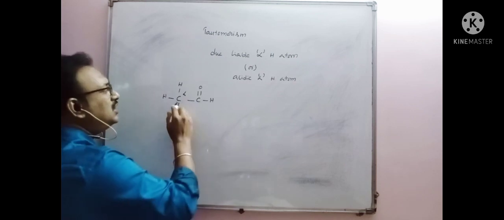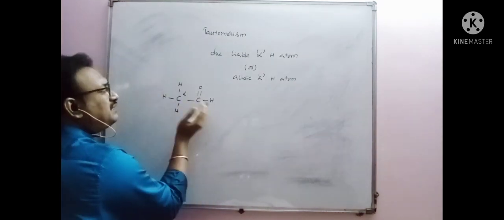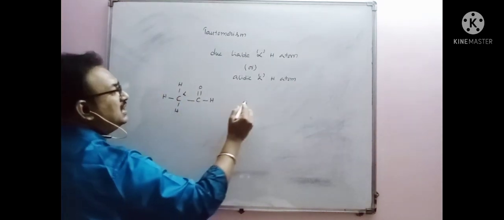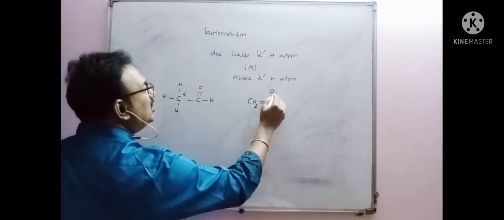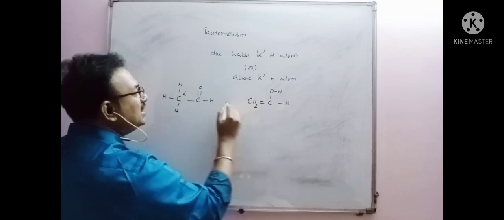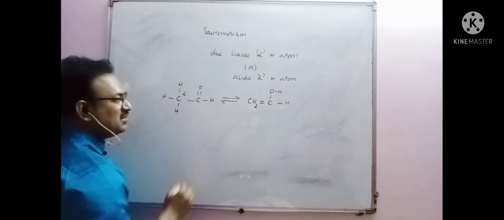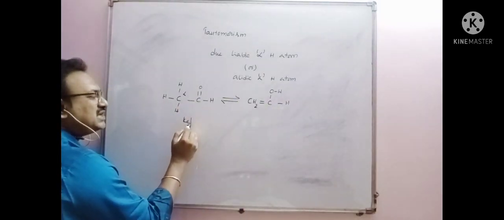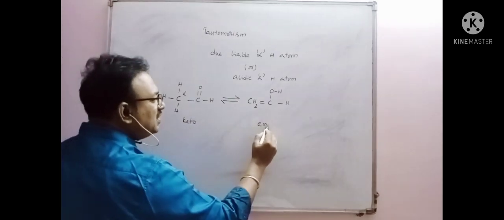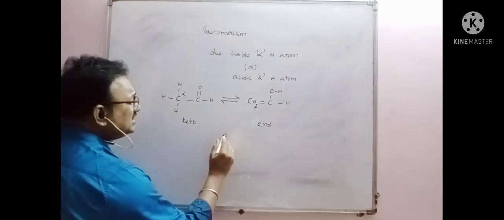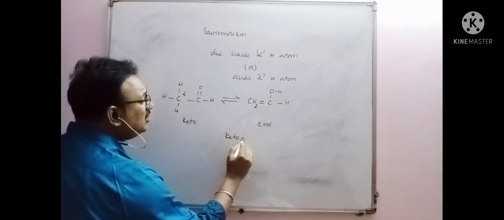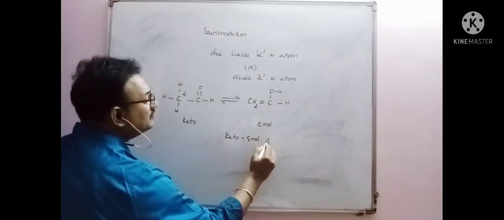Exchange of hydrogen may be possible and leads to this kind of isomer. These two exist in equilibrium. This form is considered to be the keto form and this form is the enol form. That's why it is a kind of keto enol isomerism.